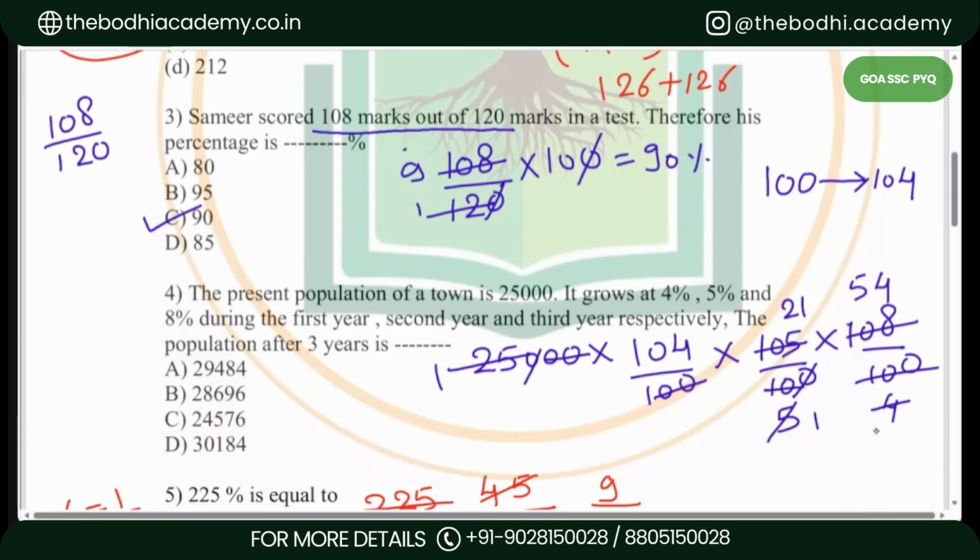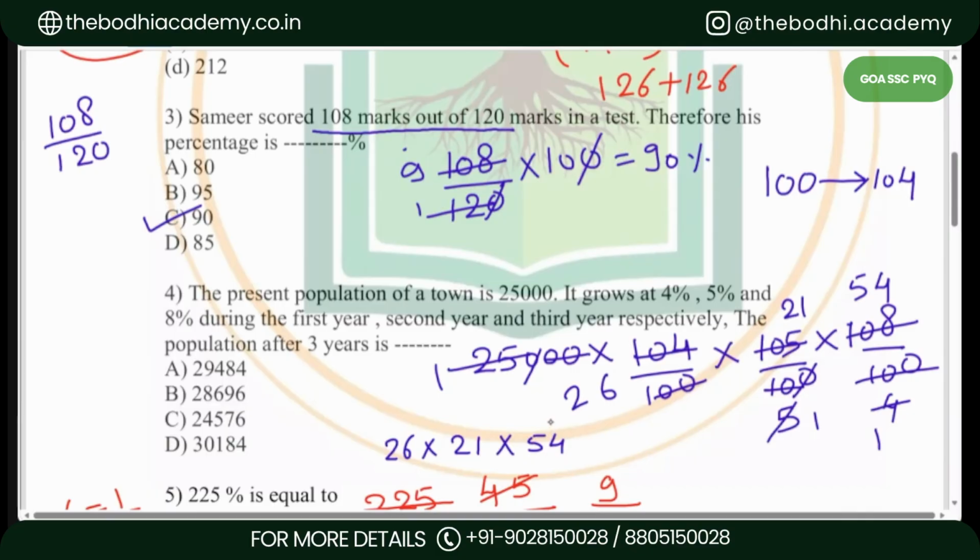And here four ones are four, four twos are eight, four sixes are 24. So the answer is 26 into 21 into 54.